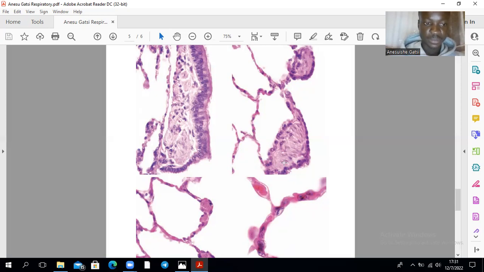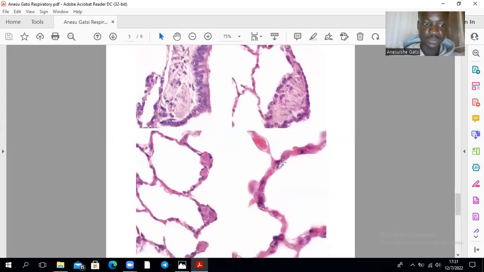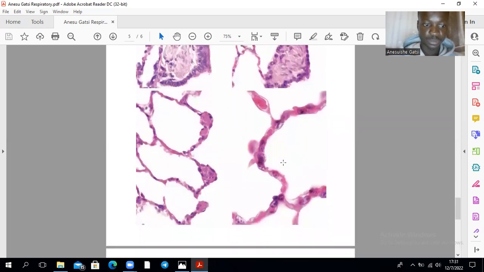Then maybe if we use the bottom one, that's a capillary. That's a capillary right over there. That's an alveolus, that's an alveolus, that's an alveolus. That's a septal cell between alveoli, where we said you also expect to find macrophages.